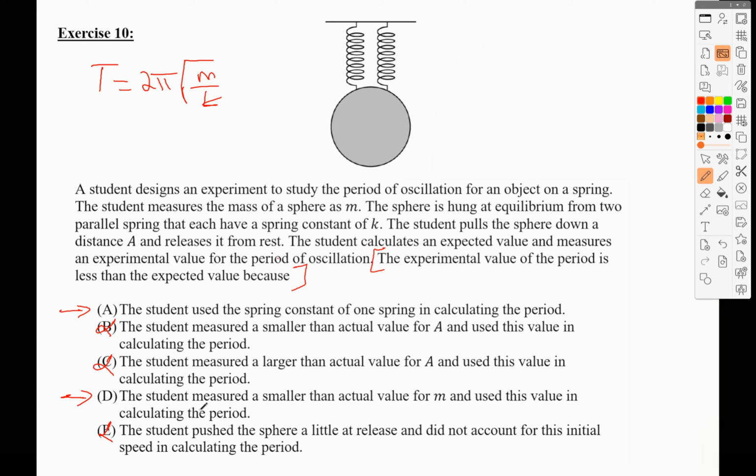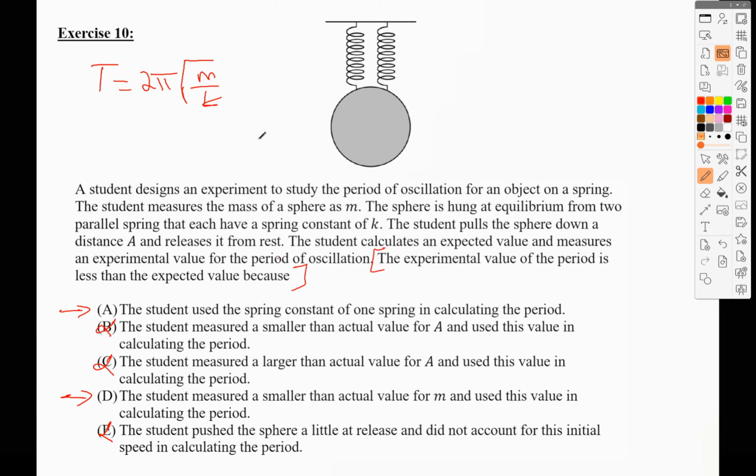Okay, let's check D. The student measured a smaller than actual value for m and used this value in calculating the period. You should understand that this is part of the theoretical calculation. Why? Because the experimental value for the period is only about measuring the period using a stopwatch. It doesn't require the measurement of m nor the measurement of k.